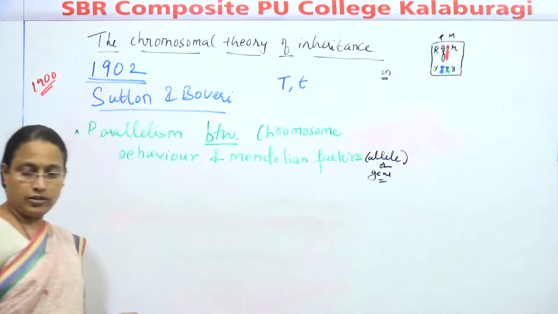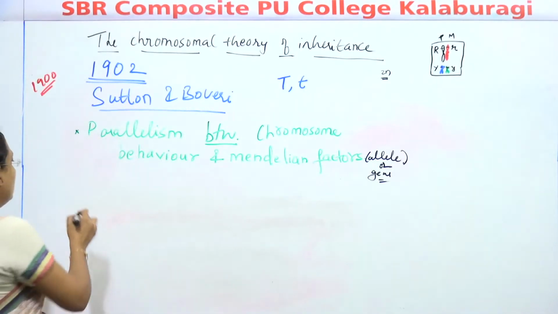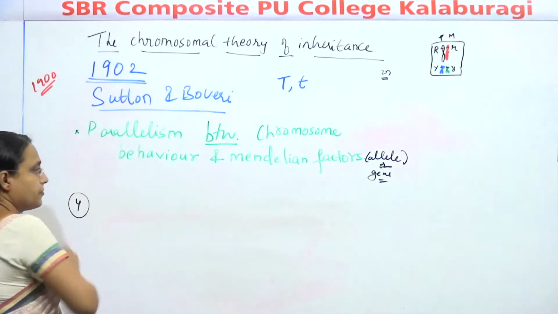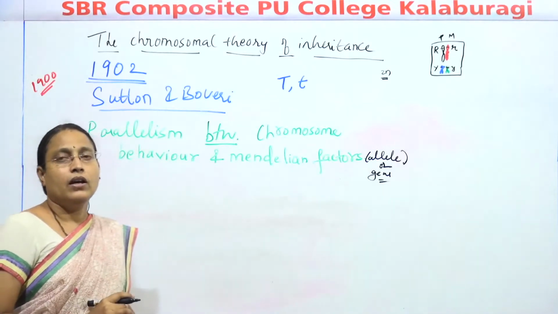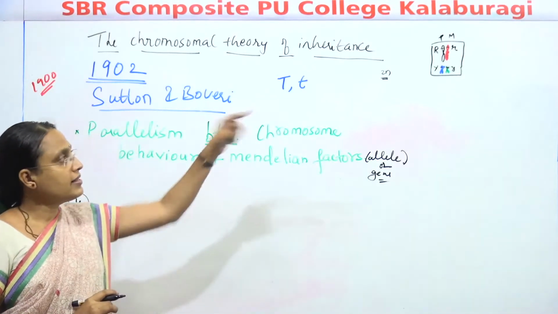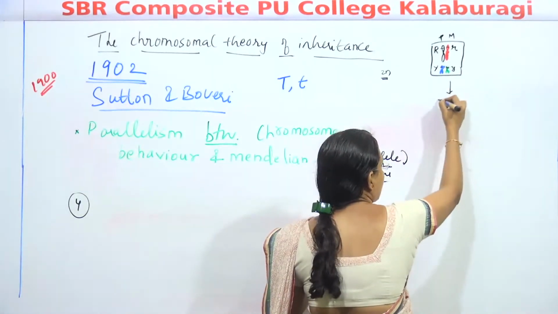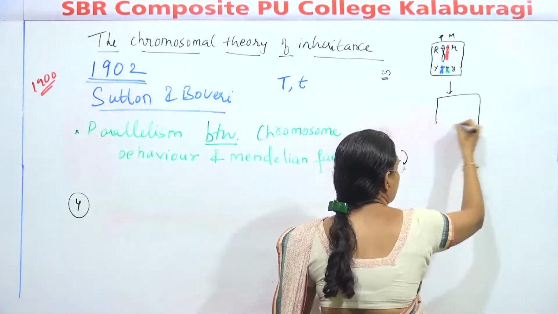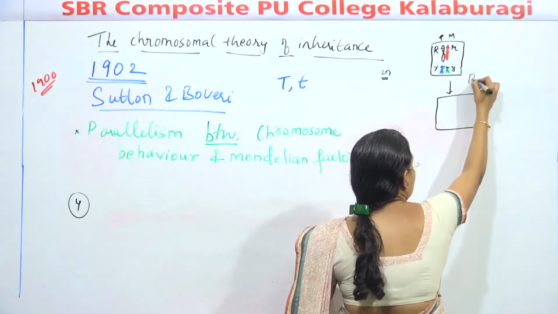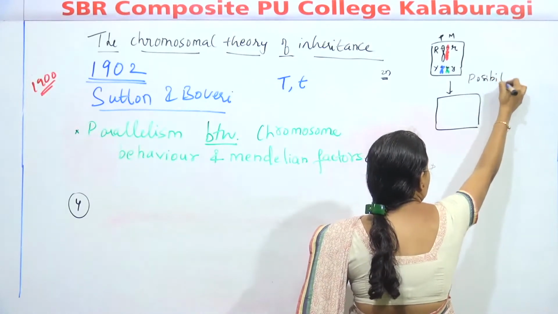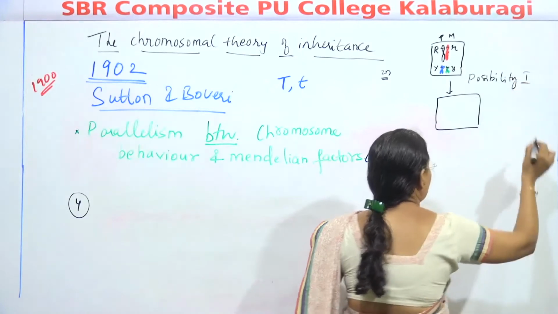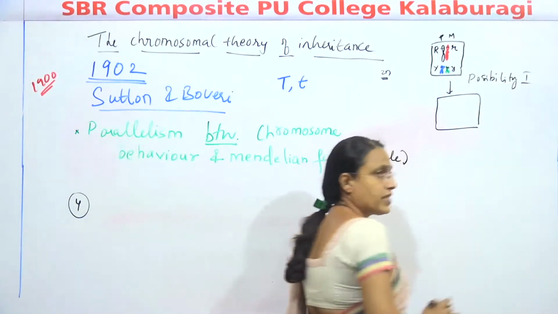Now the fourth is chromosomes. This cell which undergoes meiosis, chromosome duplication occurs. This is possibility 1, and one more possibility will be possibility 2.